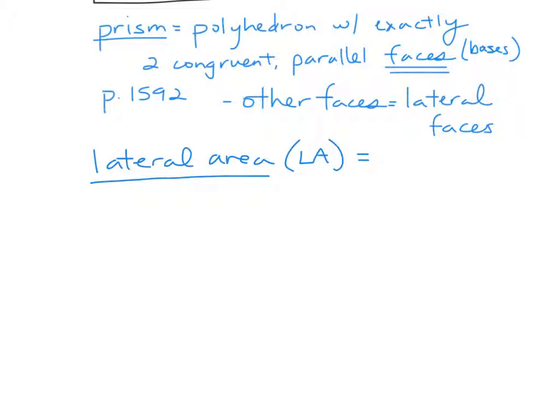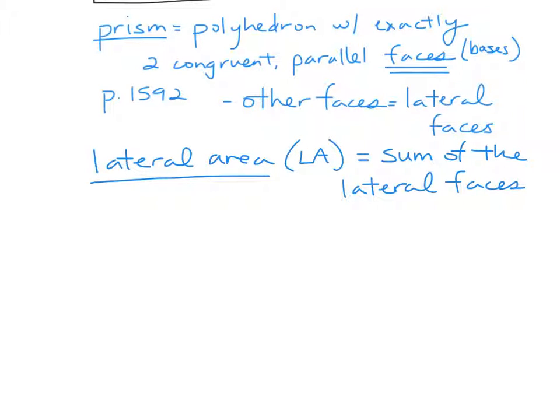And the lateral area of some figure is just the sum of the lateral faces. Okay, so for instance, if I took this hexagonal prism and I wanted to know the lateral area, I'm finding the area of these 6 rectangles that wrap around it. Okay, I'm not finding the bases, just the lateral area, so the ones that wrap around.